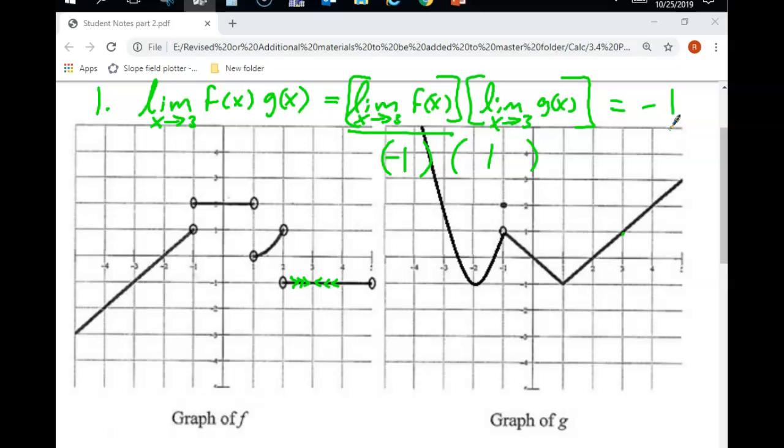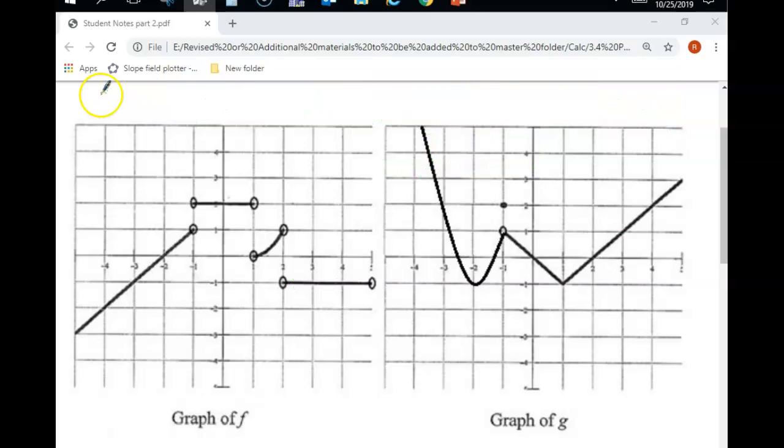Let's go ahead and look at number 2. For number 2, we're finding the limit as x approaches -3 for f of x minus g of x.